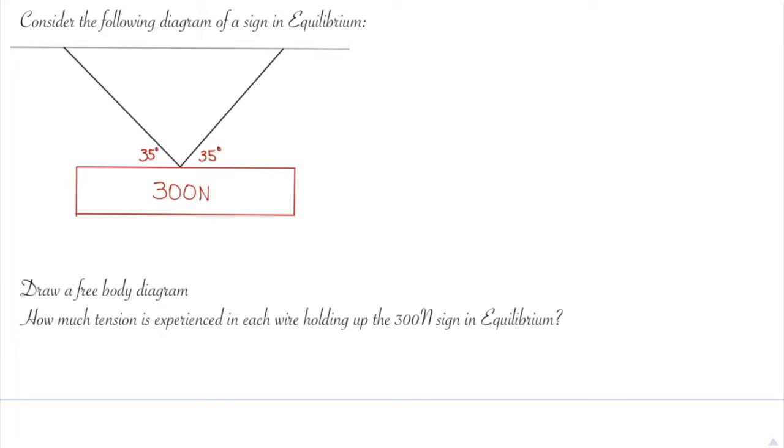So the first thing that it wants us to do is draw the free body diagram. In doing so, we've got the 300 newtons down, and it gives us the weight instead of the mass of the sign, so that'll make it a little easier. We don't have to calculate the weight.